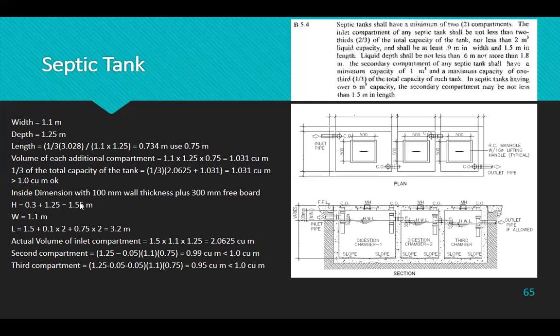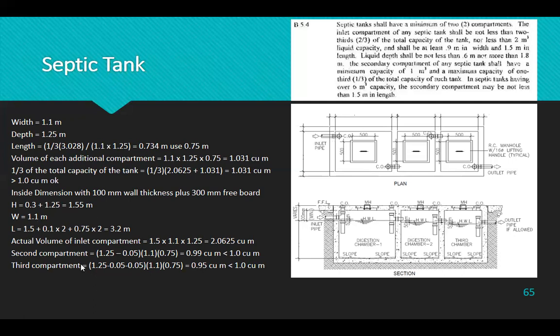Now, the inside dimension of 100 mm with 100 mm wall thickness plus 300 mm freeboard, H is equal to 0.3 plus 1.25 is 1.55. Kasi ito yung depth mo. Plus 0.3. So ito yung inside dimension mo. So width is 1.1.